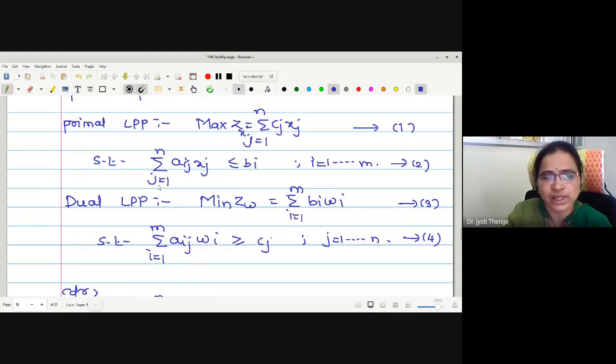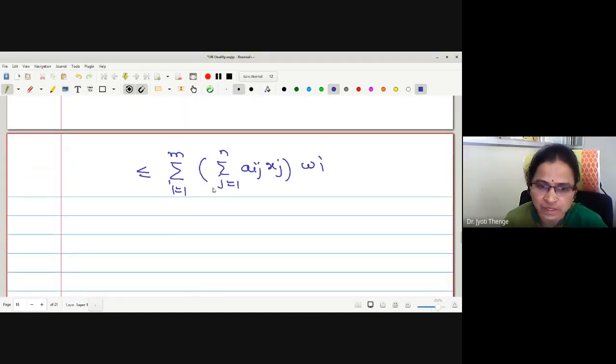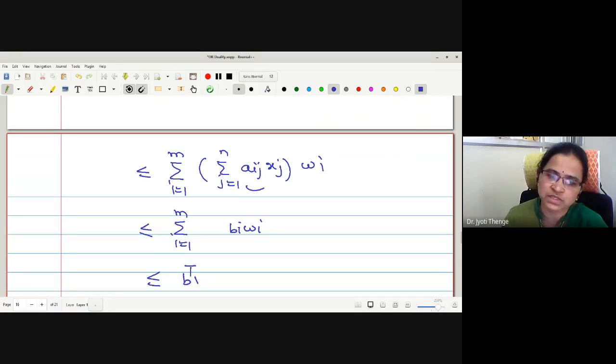Therefore, by 2, summation over j of aij xj is less than or equal to bi. So this middle term is less than or equal to bi. Therefore, this is less than or equal to summation i equals 1 to m, with this term replaced by bi, and this becomes summation bi wi. And summation bi wi is nothing but, in matrix form, B transpose W. And hence the proof.